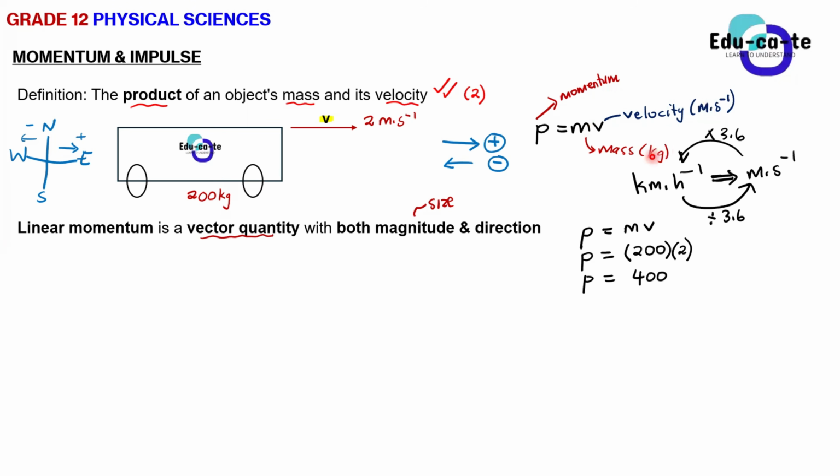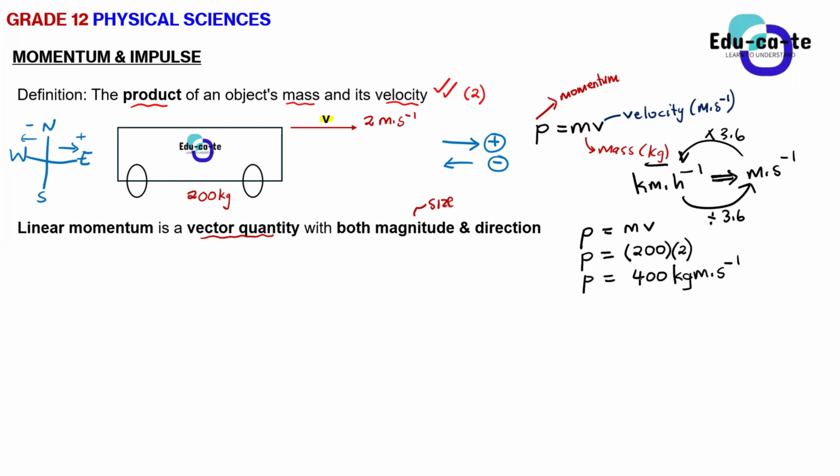So when you write the standard unit for momentum, you start with the kg, then you write meters per second. So this is kg meters per second. It's not kg per meter per second. Do we see where the unit is coming from?